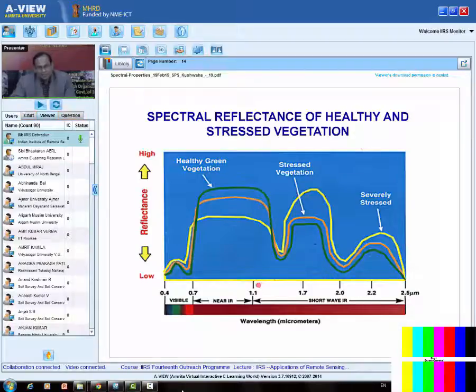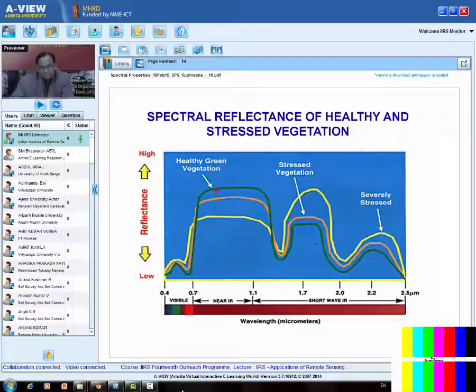This will also alter the leaf properties like leaf structure, and that in the course of time amounts to leaf stress of some kind, and this leaf stress is reflected in this kind of curves from the vegetation.